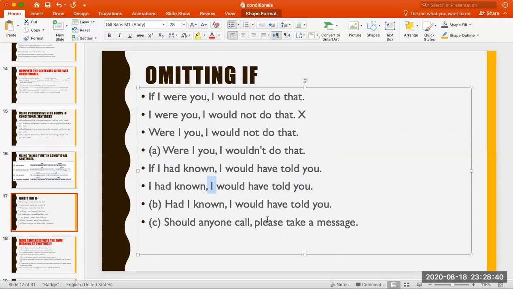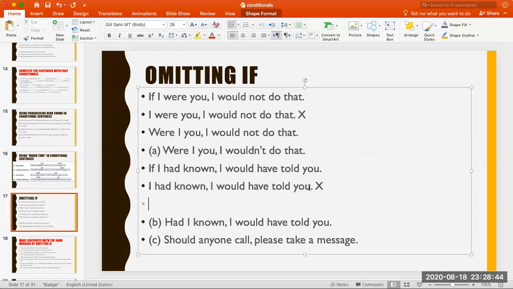So we do something about it to make it correct. And the thing we do here is we do subject verb inversion. We use verb before the subject. Had I known, it's like you're asking a question without using a question mark. Had I known, I would have told you.